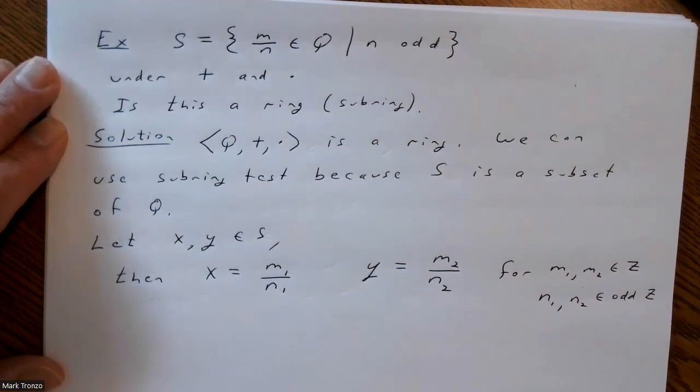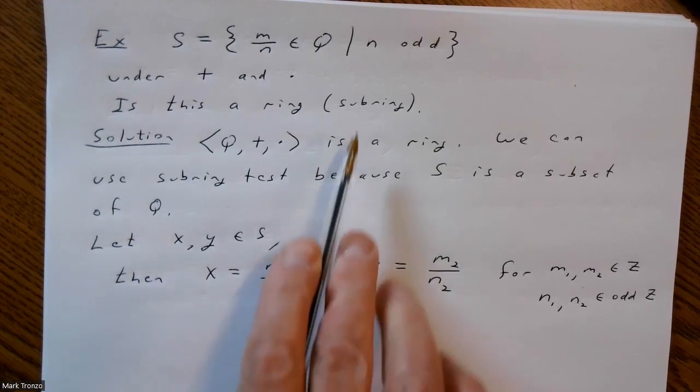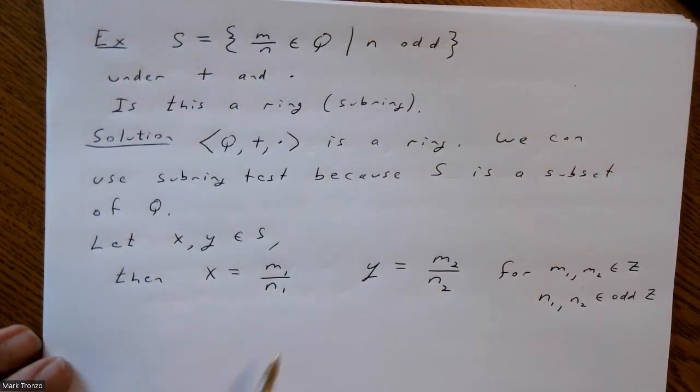If we pick two typical elements, N1 and N2 are the denominators, and those are going to be odd according to our set here.